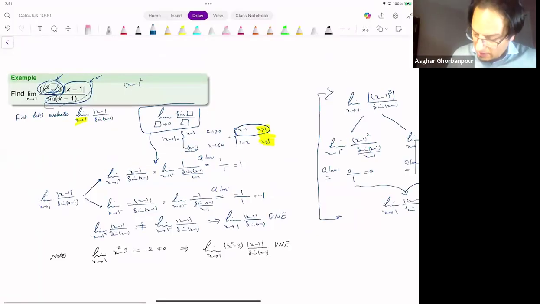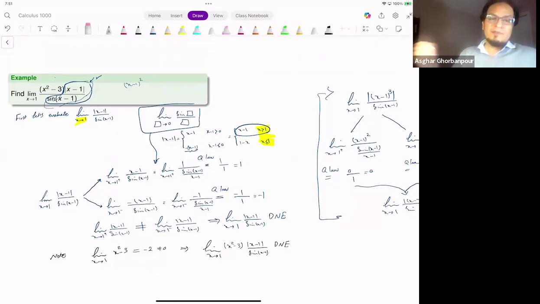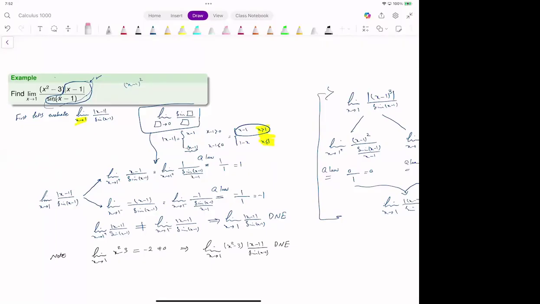Is this because the limit of x squared minus 3 is not 0, that's why it doesn't exist? If it was 0, would that make this whole limit exist? My answer was it depends on the situation. You may need to do some general work. You cannot just say that this is 0 times does not exist, so it must be equal to 0. I see, okay.